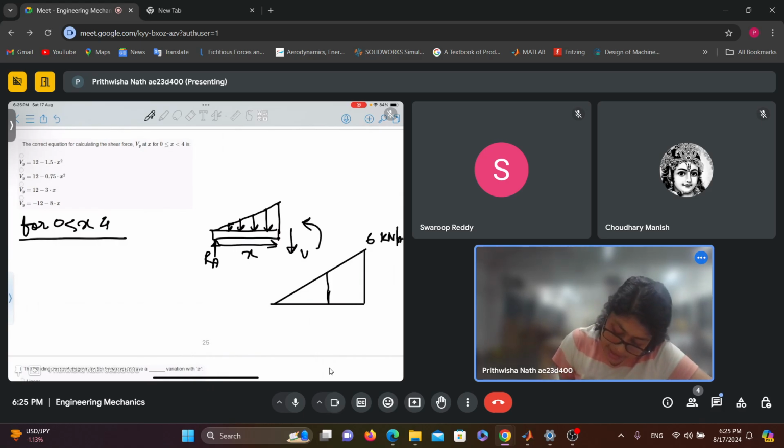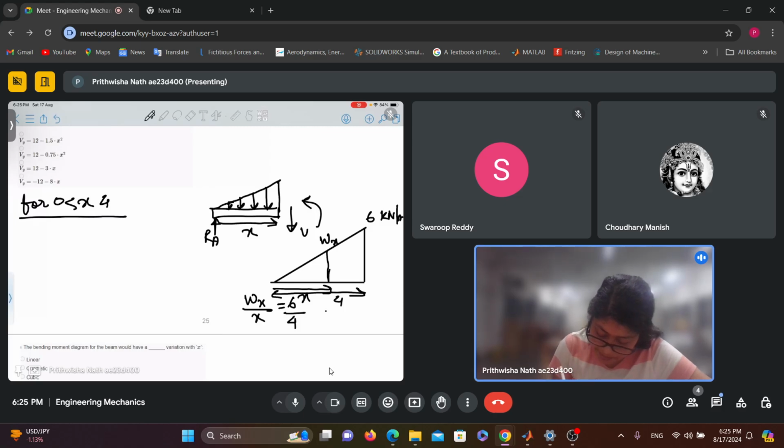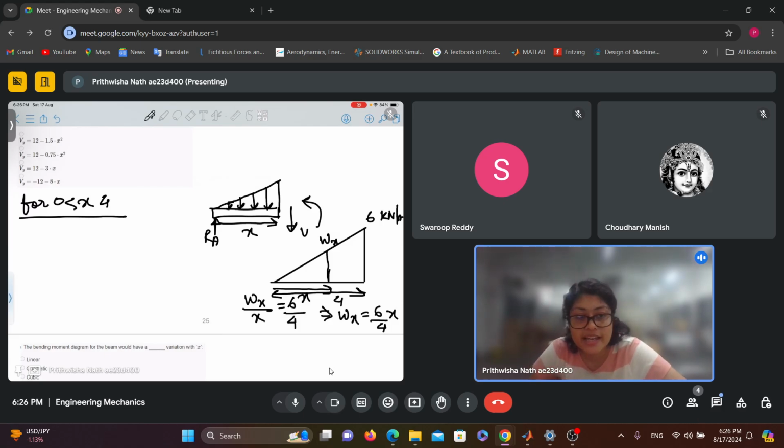We need to find at an arbitrary x. So let this be Wx, okay? So now Wx by x equals to 6 by, this distance is 4. This distance is 4. So 6 by 4. So this implies that Wx equals to 6 by 4 x. Up till this point, is there any doubt?